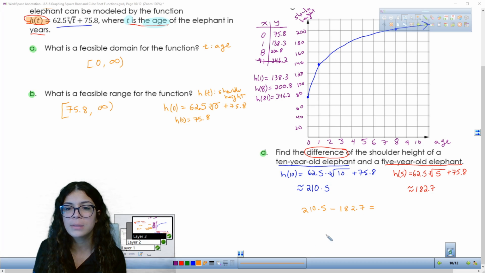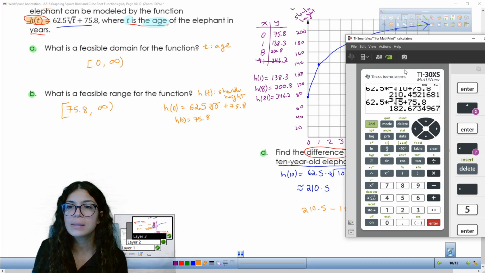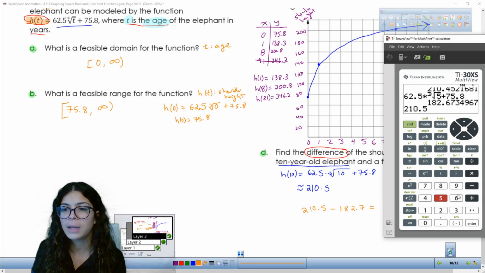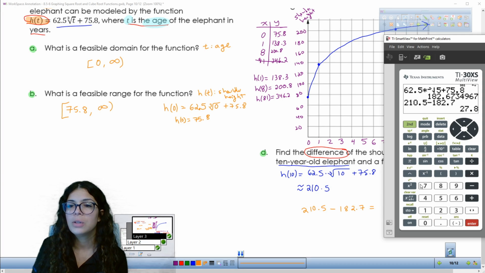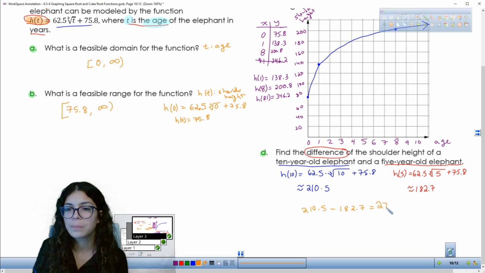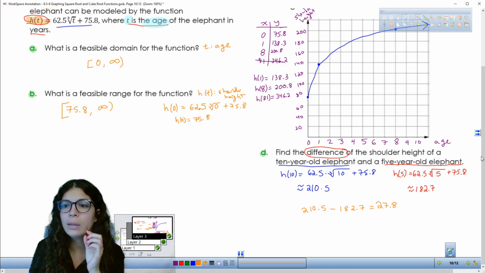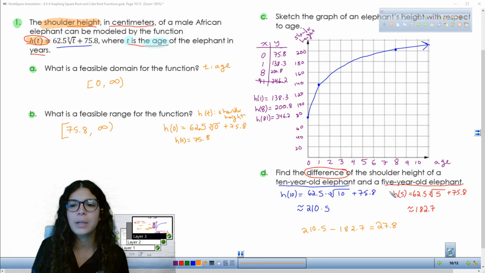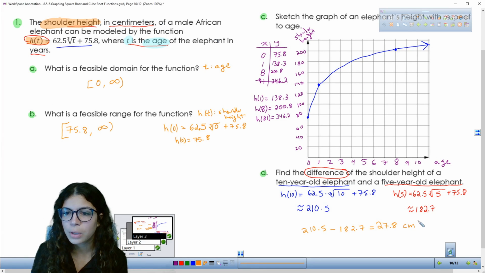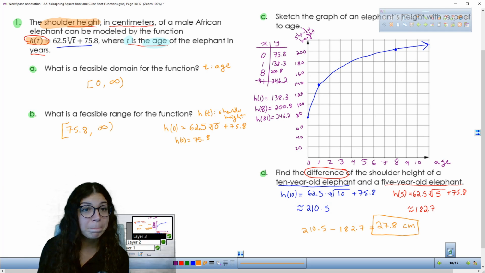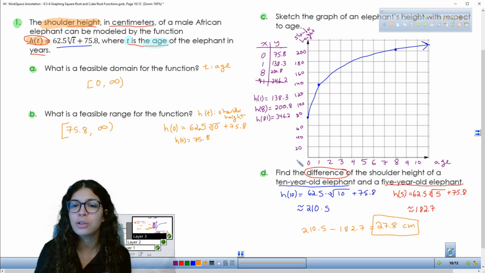And so then the difference, and again, I'm just going to be a little lazy using my calculator, so we need 210.5 minus 182.7 is 27.8. And the shoulder height is measured in, let's go back up, I already forgot, centimeters. So the difference of a shoulder height of a 5-year-old elephant versus a 10-year-old elephant is 27.8 centimeters. Great. Doesn't really sound that large, actually.